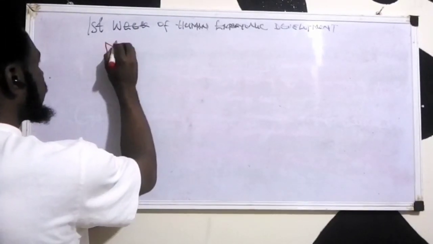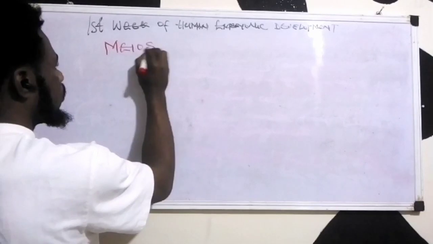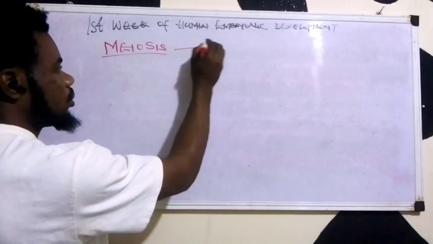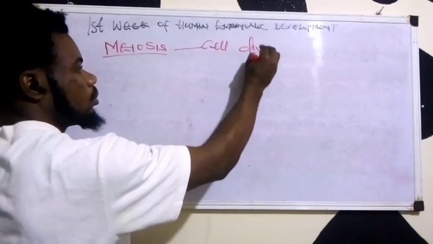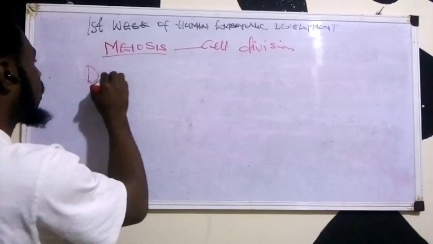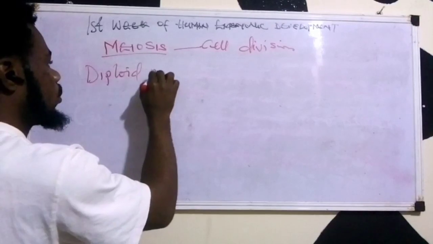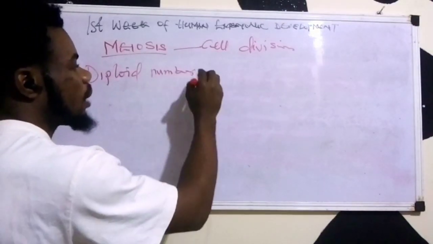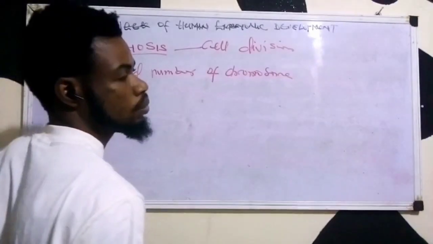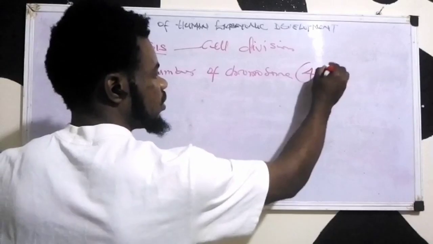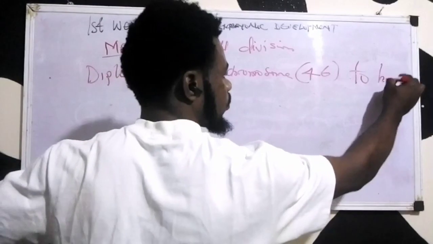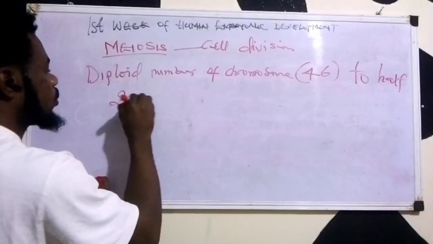The whole job of meiosis as a cell division is to take the diploid number of chromosomes, which is 46, to half, which is 23.